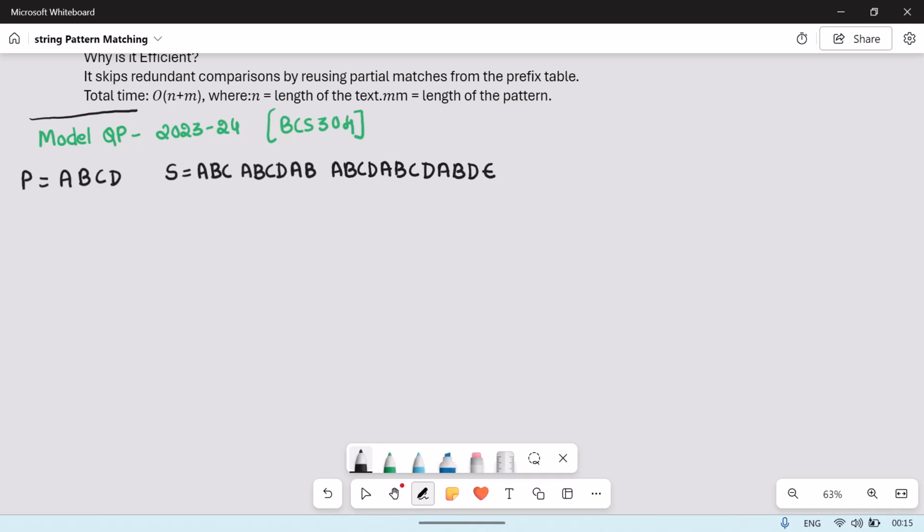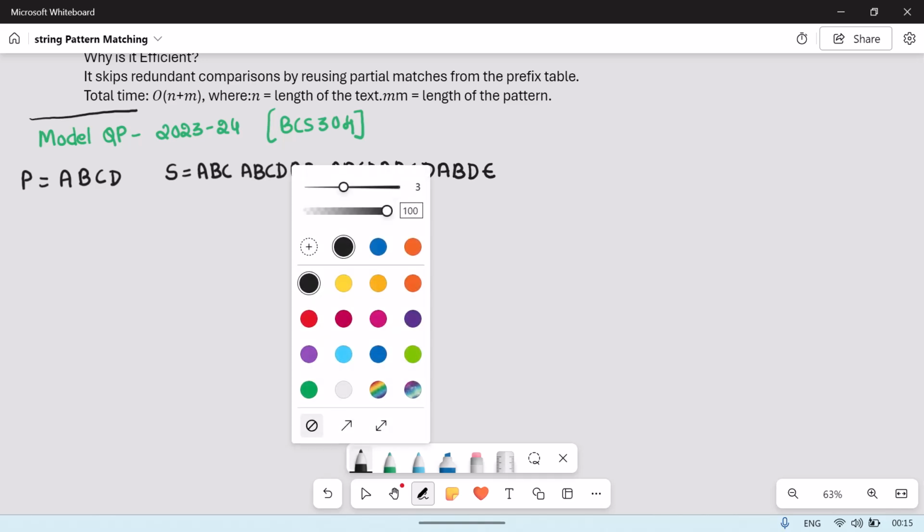A, B, C, A, B, C, D, A, B, A, B, C, D, A, B, C, D, A, B, D, E. Now I will do the calculation part.